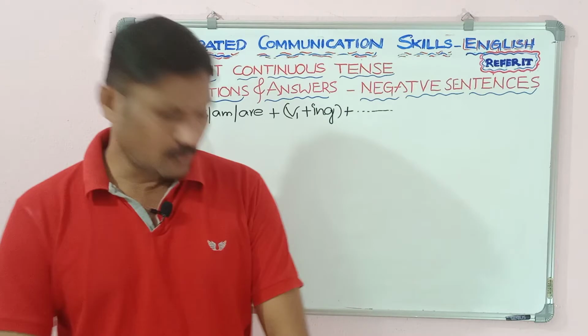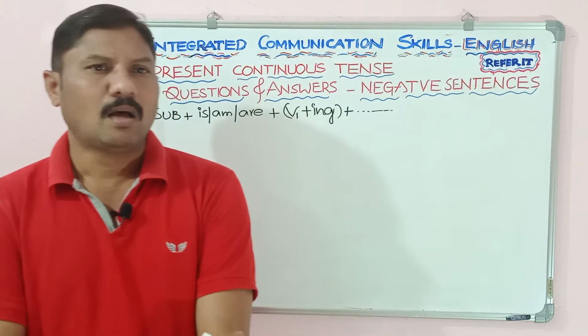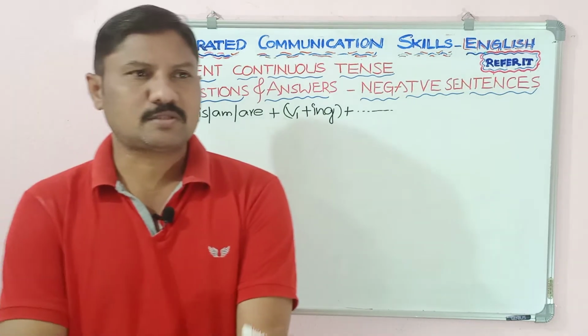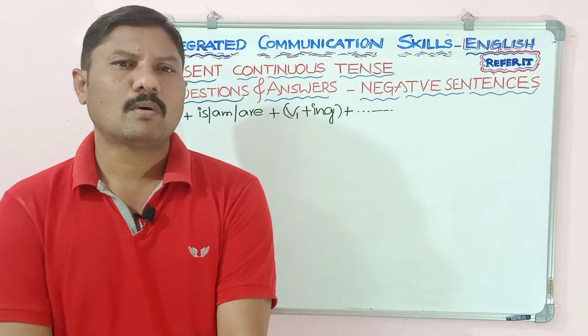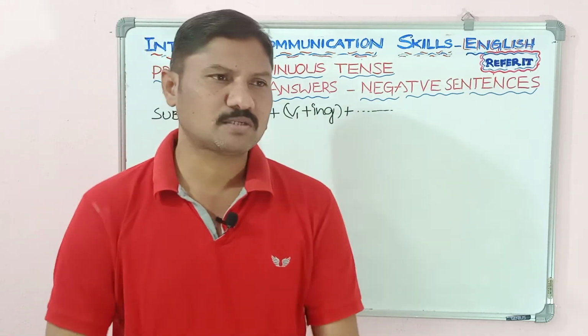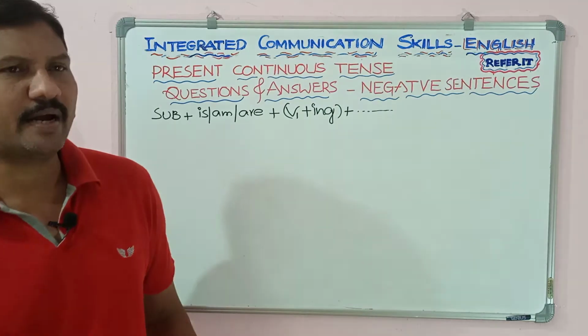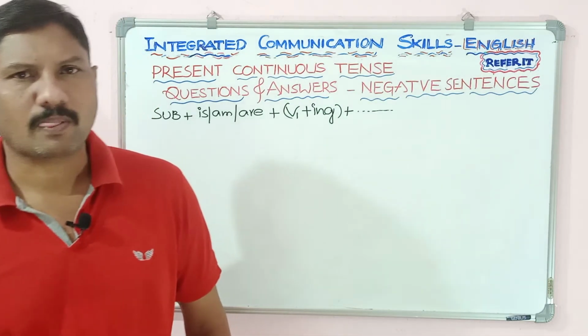In the previous class, we discussed simple present tense and its uses. Now, in this video, we are going to know how to frame negative sentences in this present continuous tense and how to frame questions along with their answers.